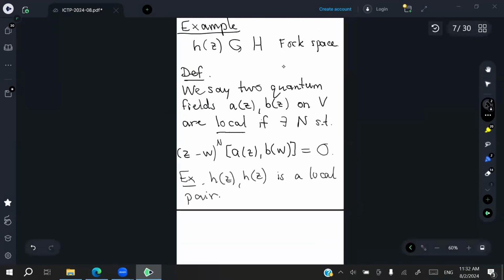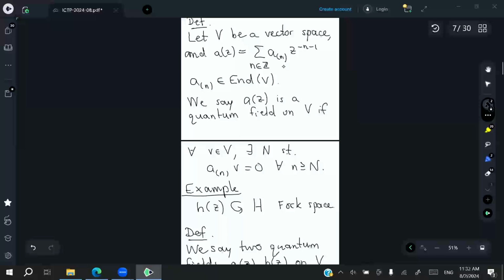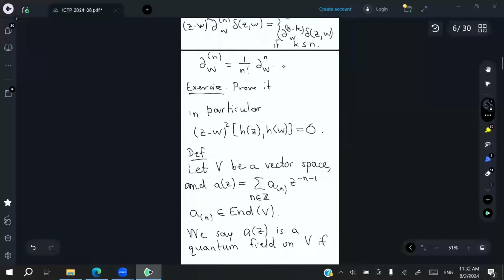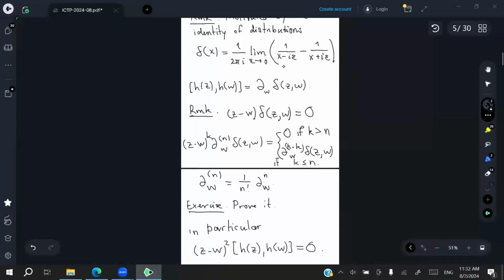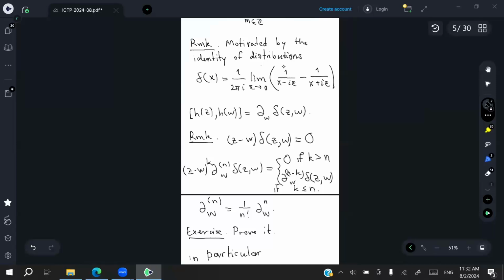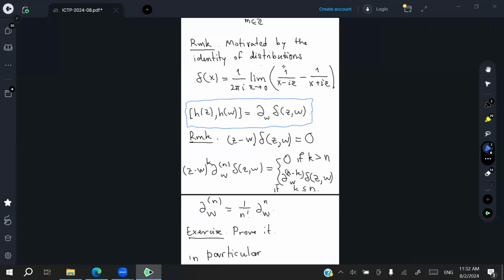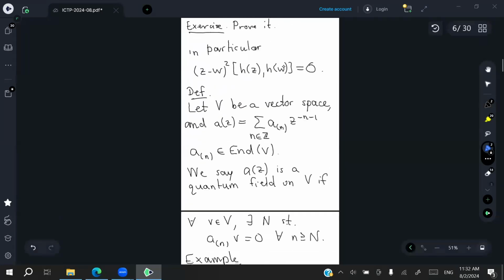Okay, and the importance of this notion of local pair is that it is equivalent to the fact that the commutator of the quantum fields will always have an expansion essentially of the form that we found in the case of H. Okay, so I'll now state that as a proposition.